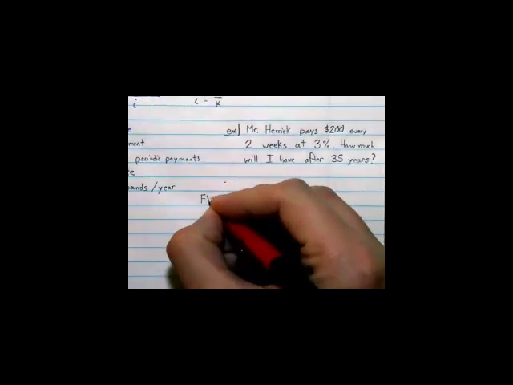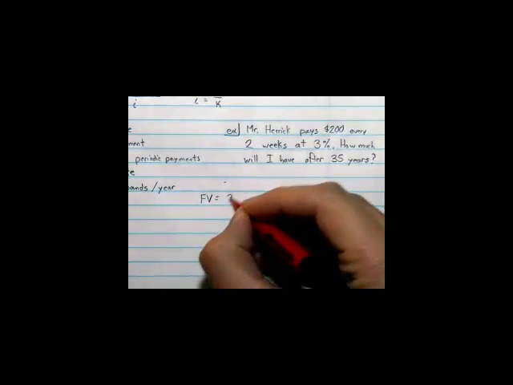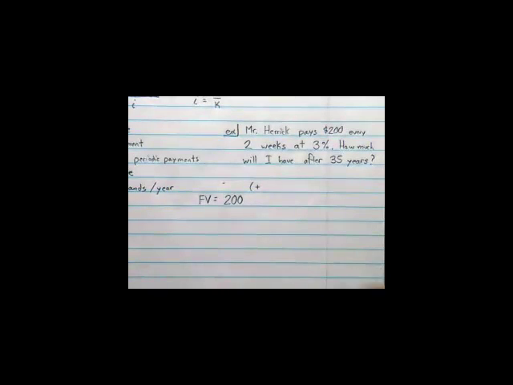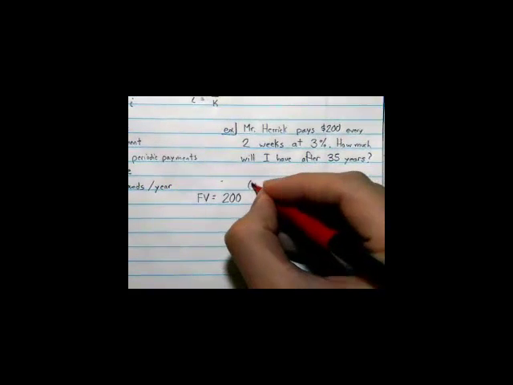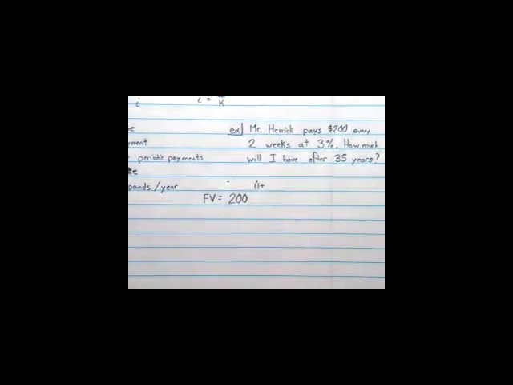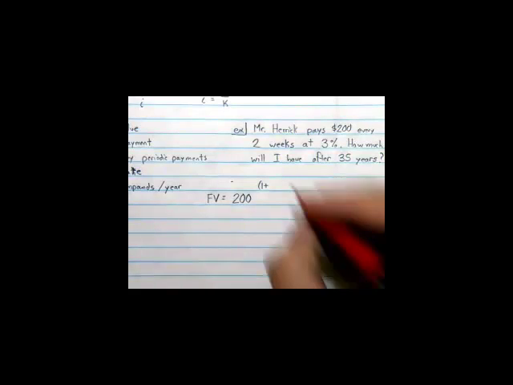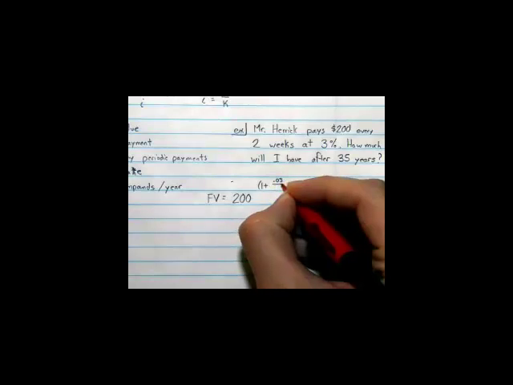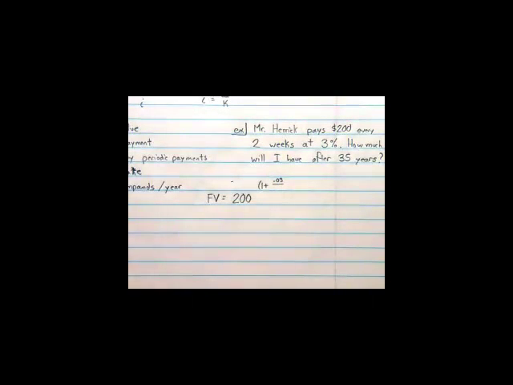I'll tell you, my periodic payment is $200. Now, 1 plus my rate over the number of compounds per year. My rate was 3%, so 0.03 divided by how many compounds I have in a year.